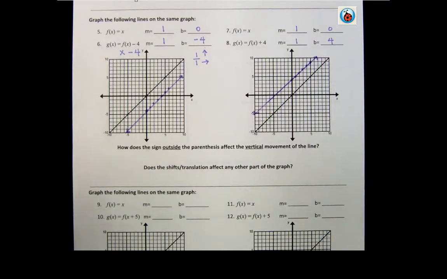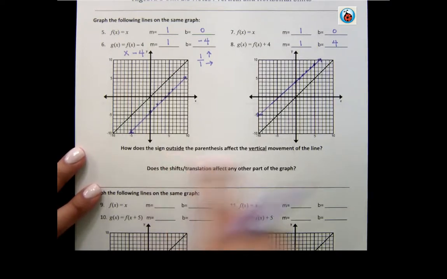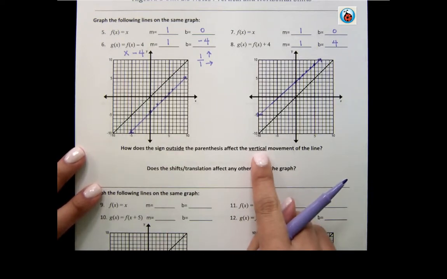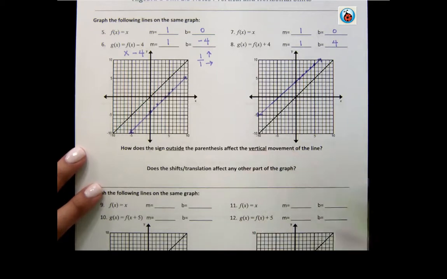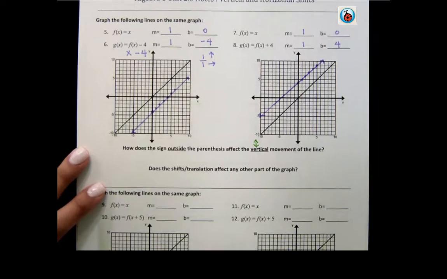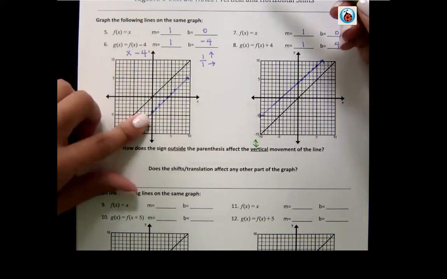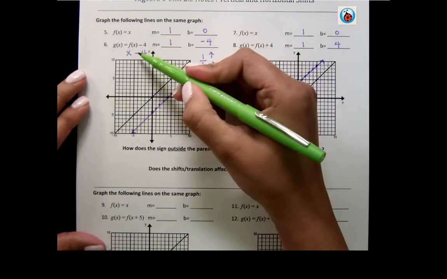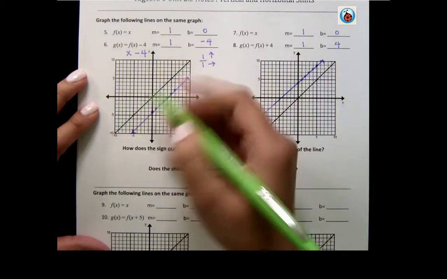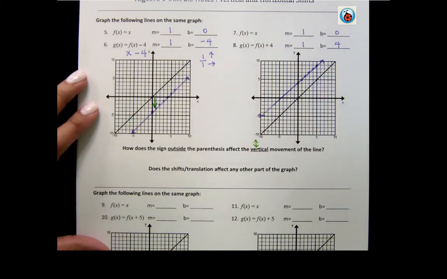Now, this time, we're going to look at how the sign on the outside of the parentheses affects the vertical movement of the line. Vertical is up and down. So if this is where my line was, it has to move either up or down. So when I'm at -4, if this was my original line, this time it moved down.